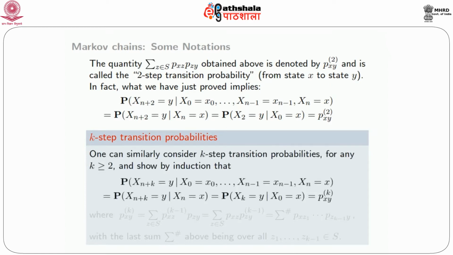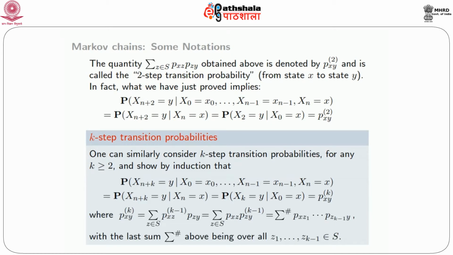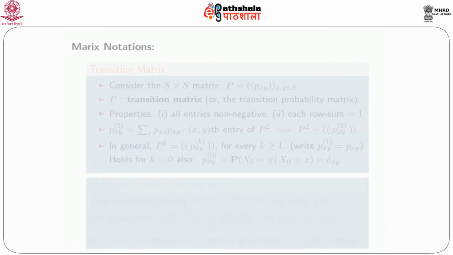So P super bracket k xy, that's the ultimate expression, and that can be written as Pxz super k minus 1 Pzy, or the other way around, but it ultimately turns out to be the sum Pxz1 Pz1z2 ... Pzk minus 1 y, where this last sum is taken over all possible k minus 1 tuples z1, z2, ..., zk minus 1 in S. So these are what are called k-step transition probabilities.